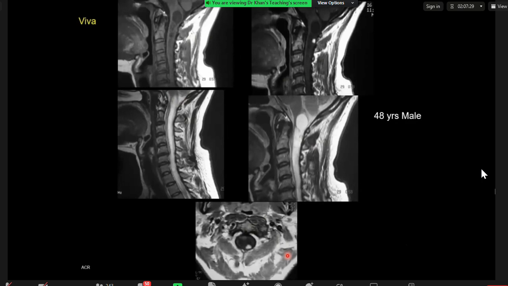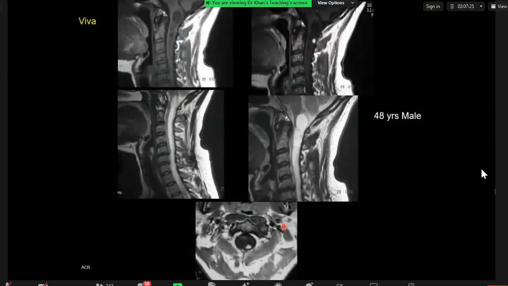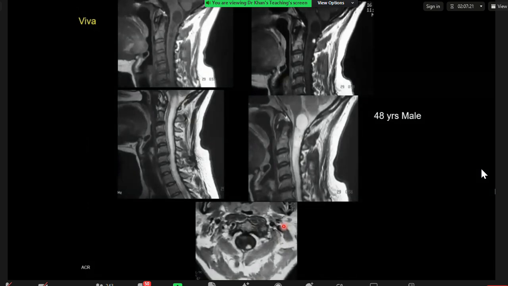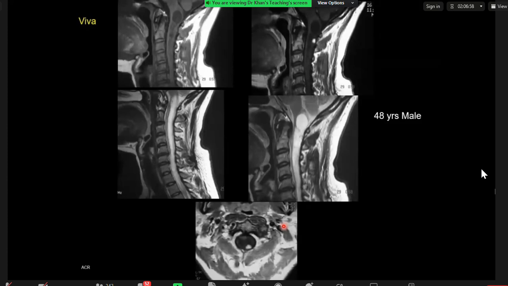So I have got a lesion that has got an avidly enhancing nodule and then pericystic cystic components that is within the high cervical cord, relatively central. The nidus is eccentric. Conclusion? Thinking this is most likely to represent a hemangioblastoma.